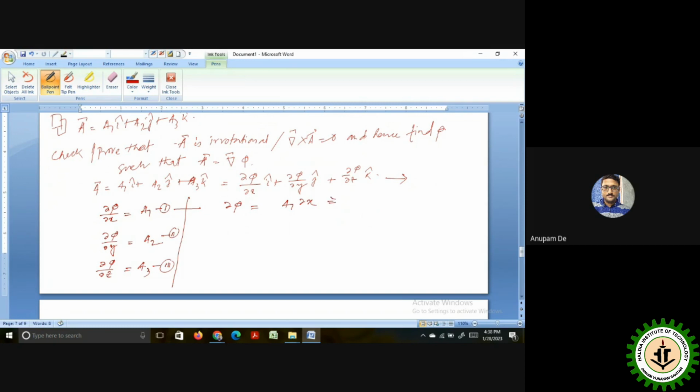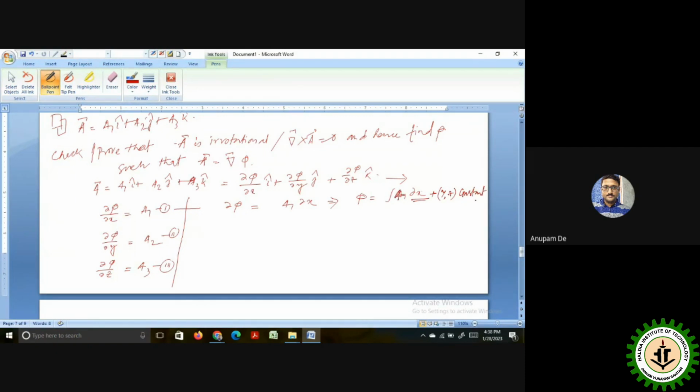So on integration you will get phi equal to integration of A1 del x. Why am I writing del? Because I am integrating partially here, treating y and z as constant.